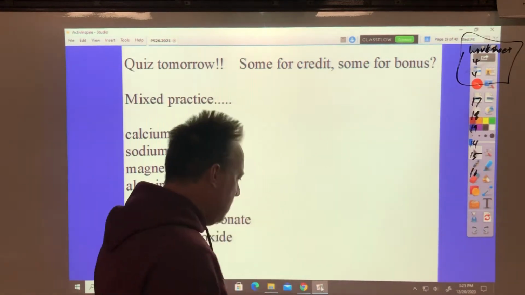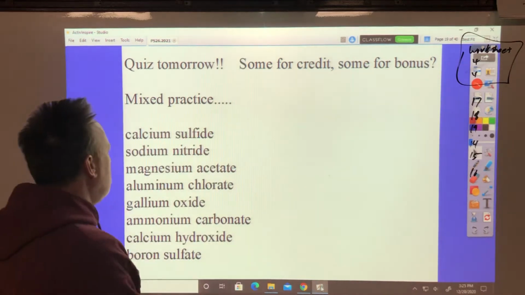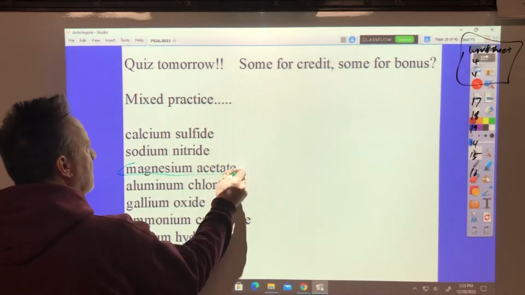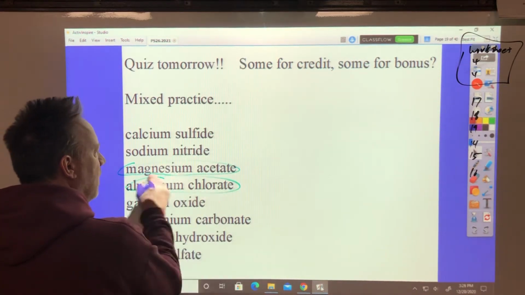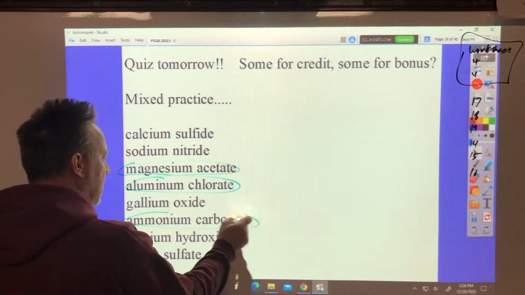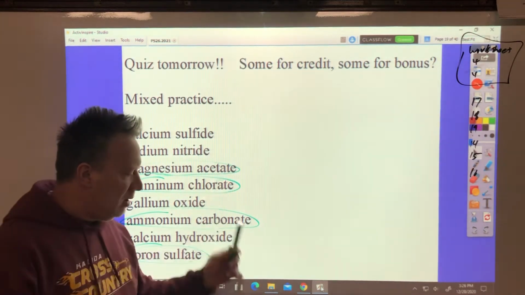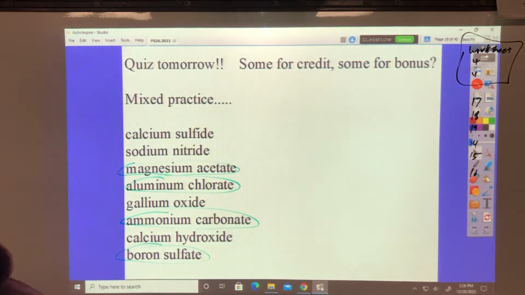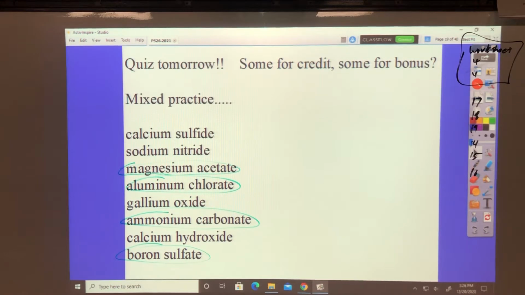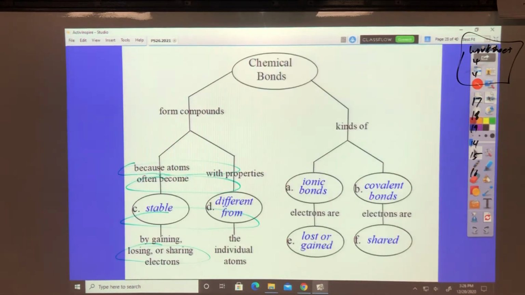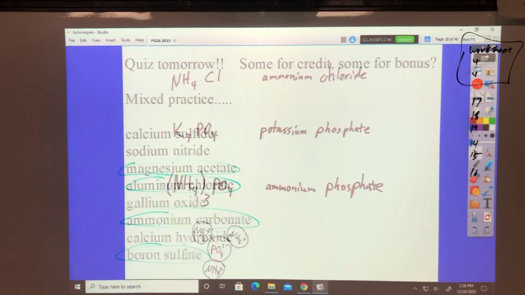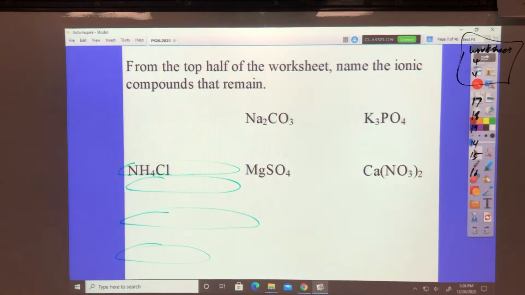Okay, let's do the other ones that are polyatomics. Magnesium acetate, aluminum chlorate, carbonate, iron sulfate. Now, you have to have, and you will have, the table for this, which is here.